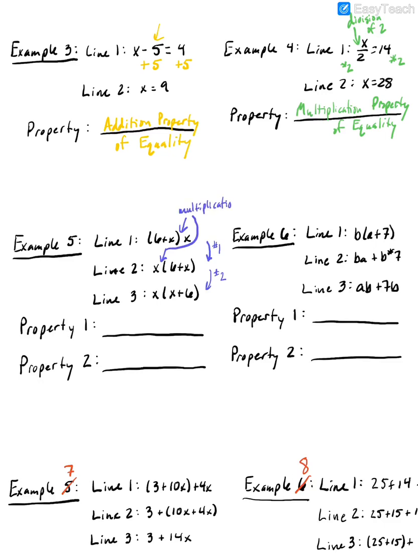Okay, so since it's multiplication, we want to look for a property that allows us to switch it around that multiplication sign. And so switching would correspond to commutative property, like we wrote in our notes. So I would say the commutative property of multiplication.